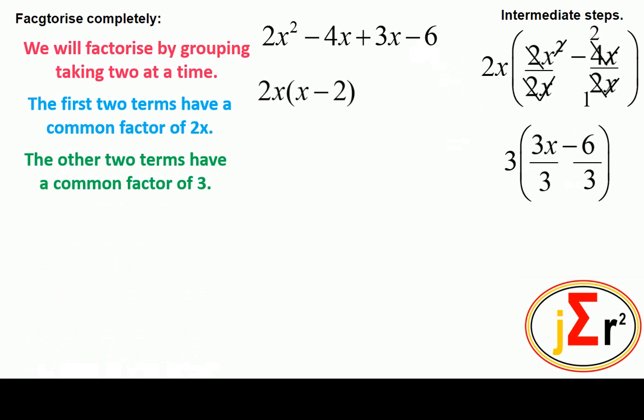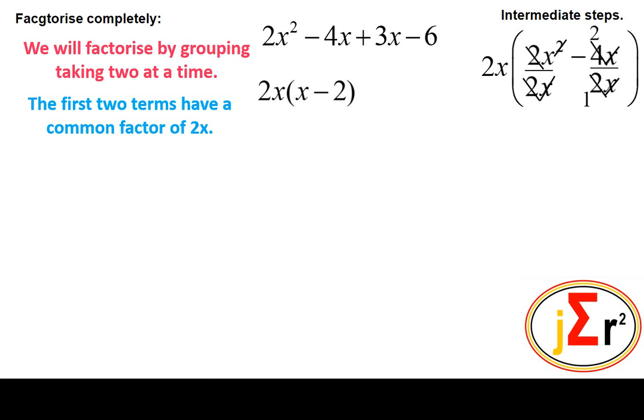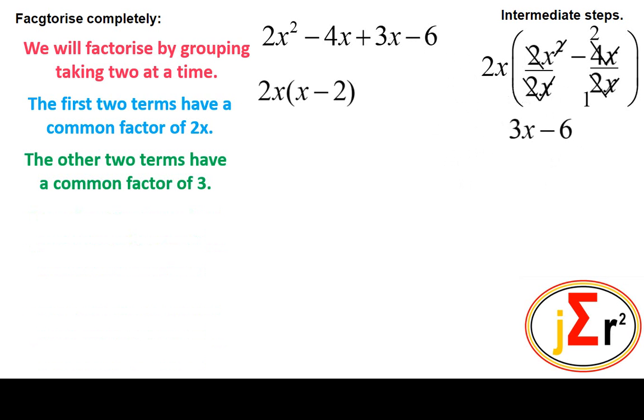So the second pair of terms have a common factor of 3, and we will divide each term by the common factor of 3, and we will see 3 disappearing from the first one, and 3 into 3 is 1, 3 into 6 is 2.